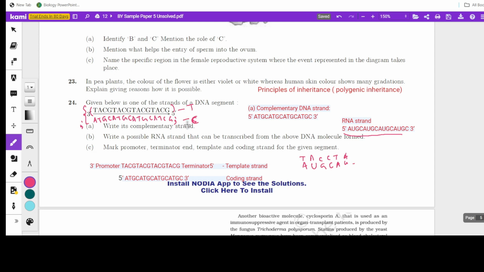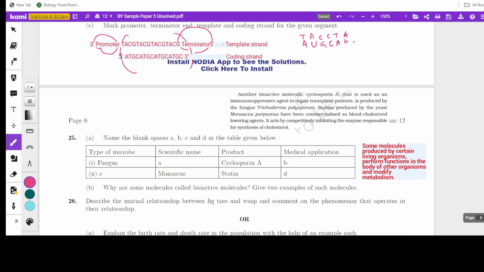So this one is the template. RNA strands will form complementary to the template. The promoter will be at your left hand end, and the terminator at your right hand end, and this will be the structural or transcribing part. Clear?